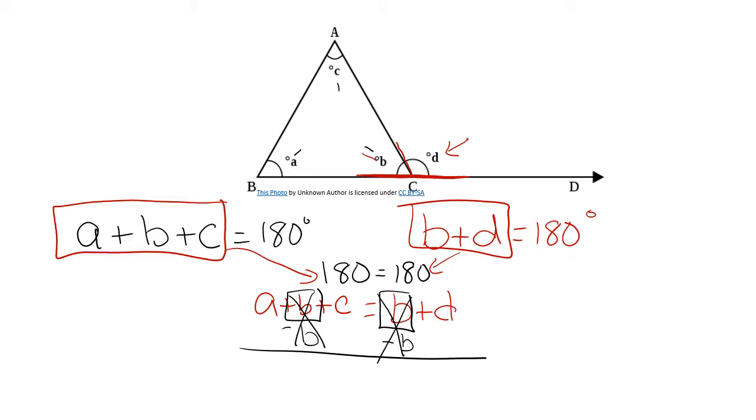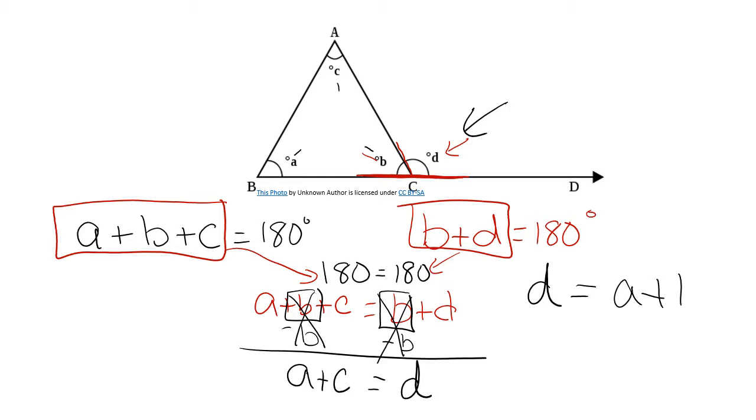On the left-hand side, I'm left with A plus C. On the right-hand side, I'm left with just a D. So the conclusion that we can now draw is that since D is the exterior angle, see it? The exterior angle inside of a triangle has to be equal to the A plus the C.